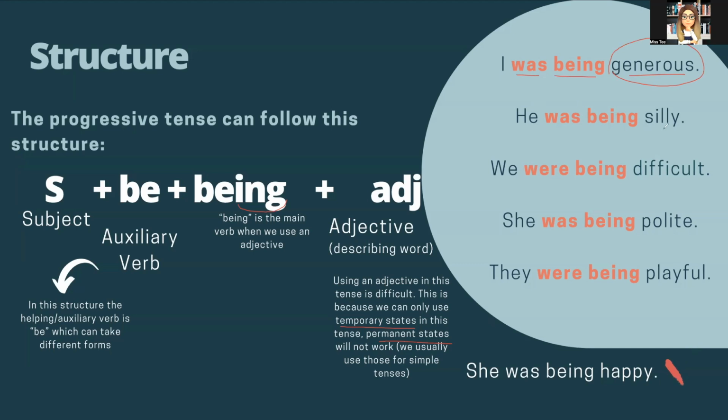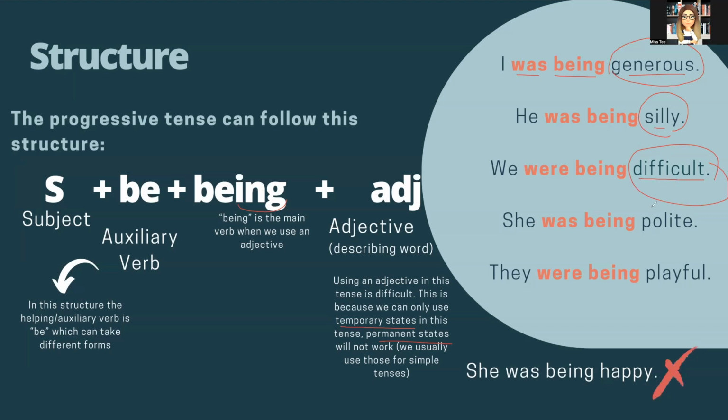He was being silly, where this is the same. It's a temporary form. We were being difficult. That's a temporary form. Being difficult means that you are not being easy to deal with or communicate with or something like this. Kind of rude in a way.